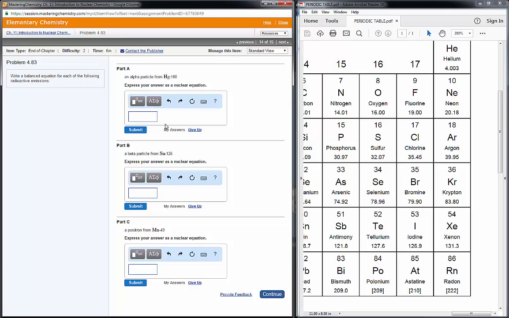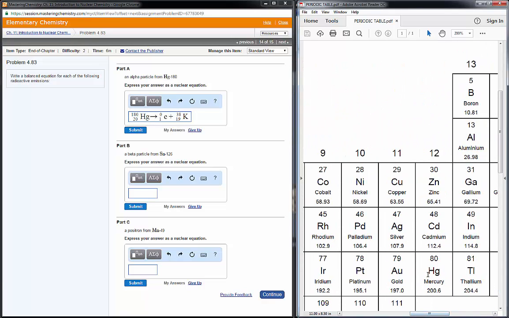Okay, so balanced equation for each of the following emissions. If I do an alpha particle, a beta particle, a positron. Okay, we've done this before. Let's try. We start with Hg 180. And that 180 is always referring to the mass, because Hg is by definition mercury, which has 80 protons.